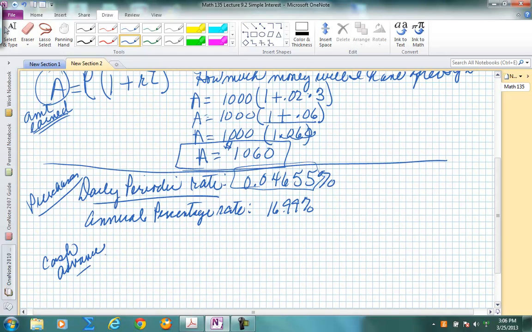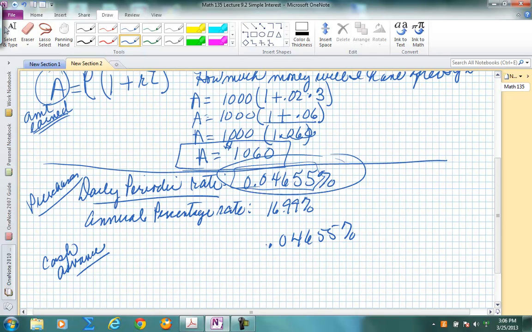But you can get your periodic finance charge, that's your daily finance charge, by multiplying what you owe times the daily periodic rate. Now remember, this is a percent, and to change it to a decimal, it has to go to the left 2 places.